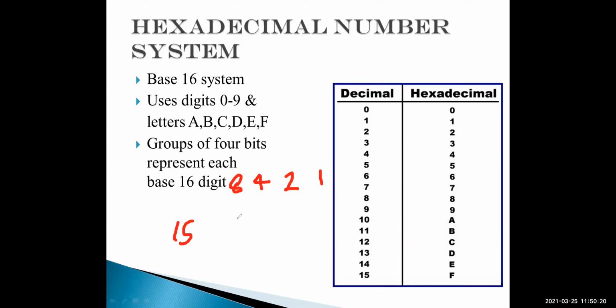So we need to set each bit to 1, 1, 1, 1. Why? Because we are using each and every digit: 8, 4, 2, and 1. If I total the sum of 8 plus 4 plus 2 plus 1, it becomes 15. That's why we are using each digit, so I will write 1, 1, 1, 1.